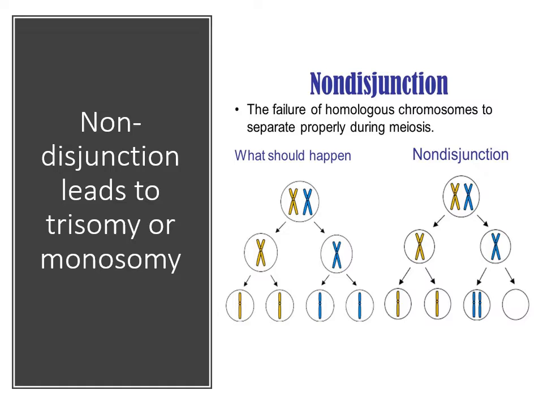Okay, so on the left is what should happen, and on the right is what can happen with non-disjunction. If you look at what's happened, one gamete is left with a completely missing allele, and the other gamete has two alleles within it. So you can imagine when the one that's missing an allele completely combines with another gamete, then you don't have 46 chromosomes.